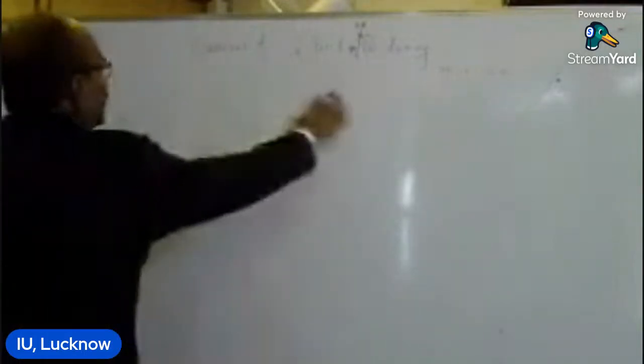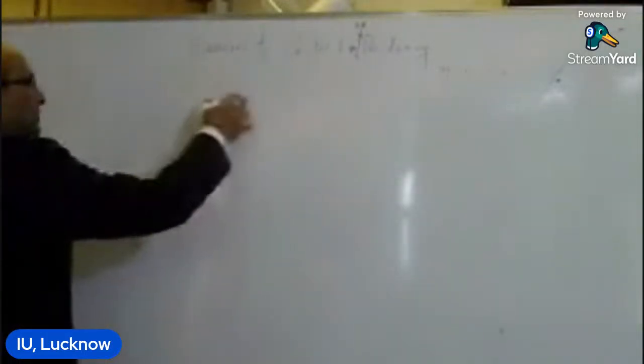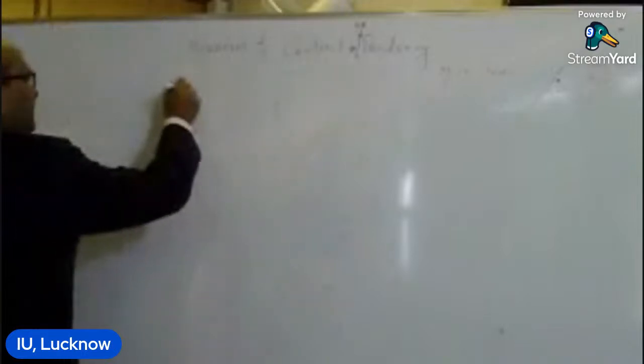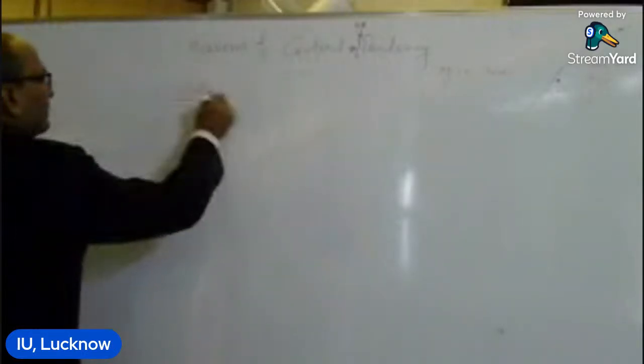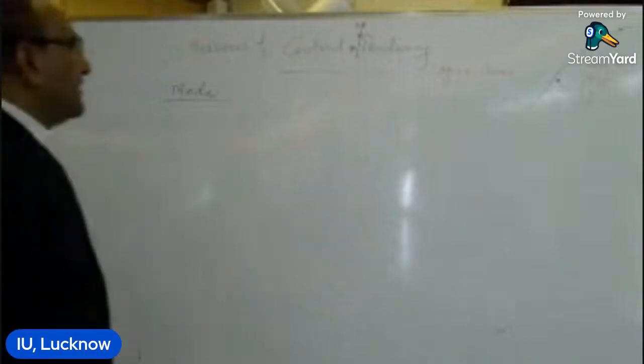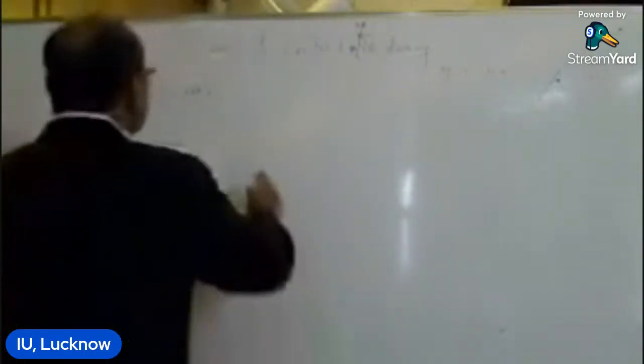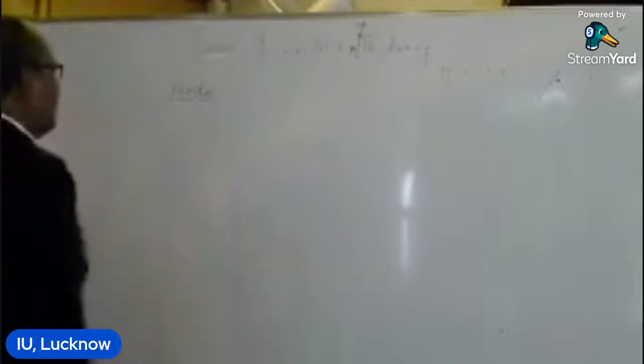Now the next measure of central tendency. So median is complete. Now next is mode. Mode is not a very good central tendency. It is ill-defined. Sometimes there is a mode, sometimes you cannot find the mode.